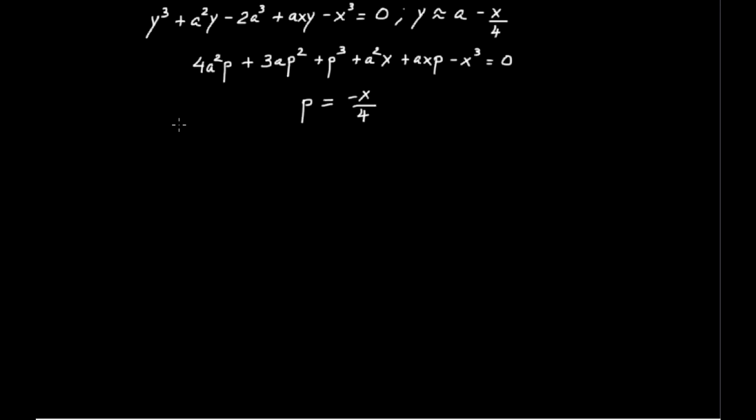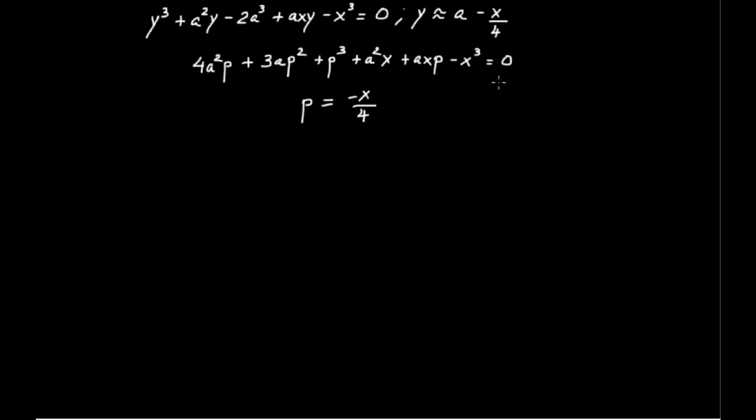Here I've just copied all the information we've just obtained. I have the original equation. I have that second polynomial that we have in terms of the x's and p's. And I have our approximation for p, which was minus x over 4. And I also have our developing power series for y in terms of x, which is now a minus x over 4.